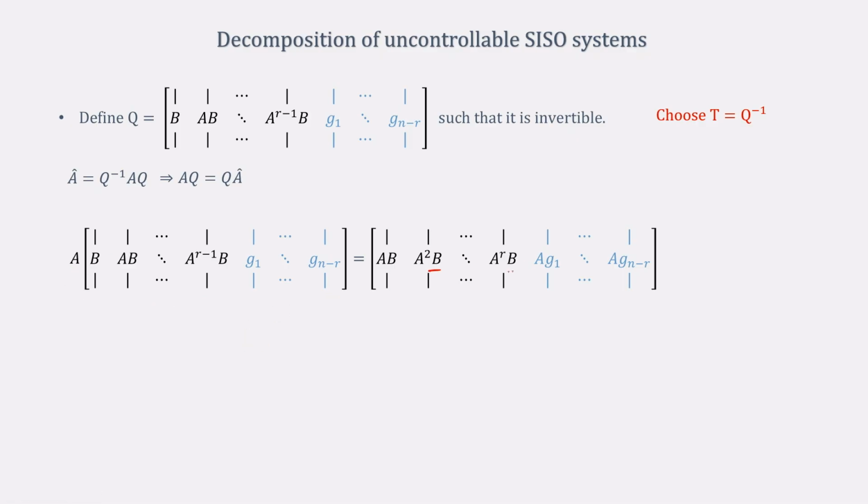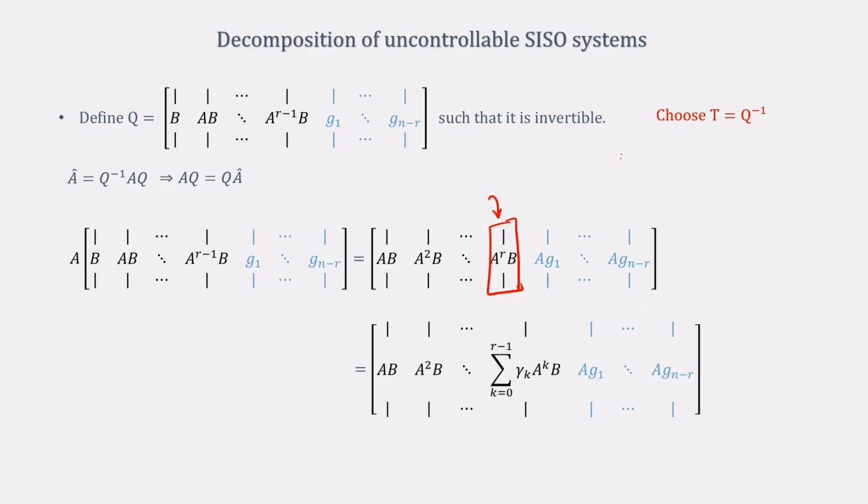AB, A squared B, up to A to the power of r B, and then AG1, up to AG(n minus r). Notice that the term A to the power of r B must be dependent on B, AB up to A to the power of r minus 1 B, because if it was not dependent, the rank of this matrix would have become r plus 1.